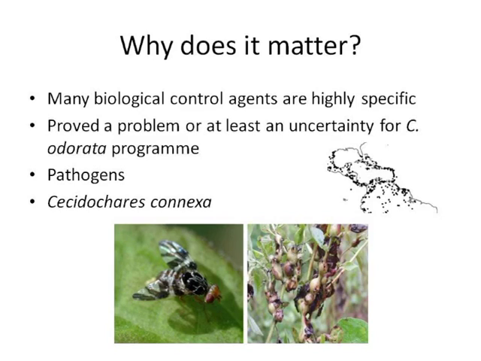To illustrate that, this is a biological control agent for Chromolaena odorata. We don't have it in South Africa. It's called Cecidochares connexa, and it forms these very damaging galls on the stems of the plants. This fly species is so host specific that many years ago Rachel McFadden did some work on it. This is the top of South America. Can you all see that?